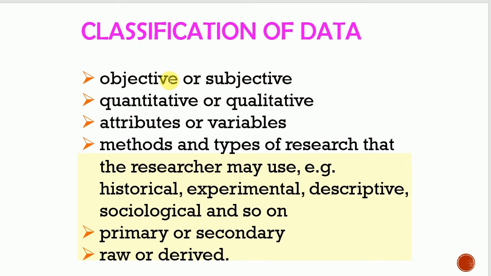Okay, objective data, ito yung mga nakikita natin na measurable quantities or data na either observe natin, no? Like for example, magandang example nito is yung kanina sinasabi natin, the amount of time spent in social media.